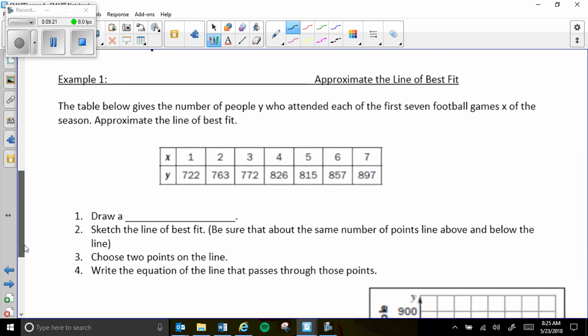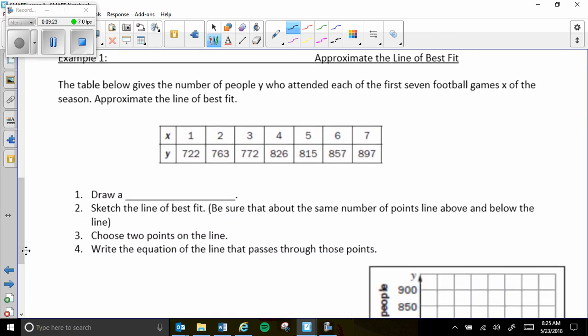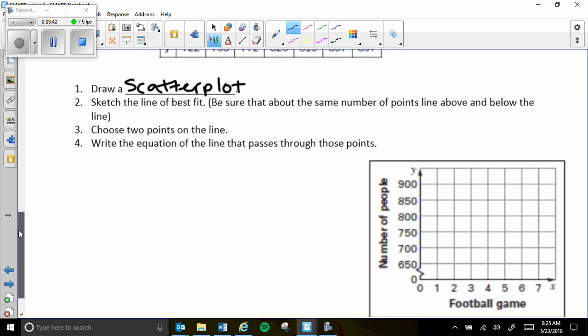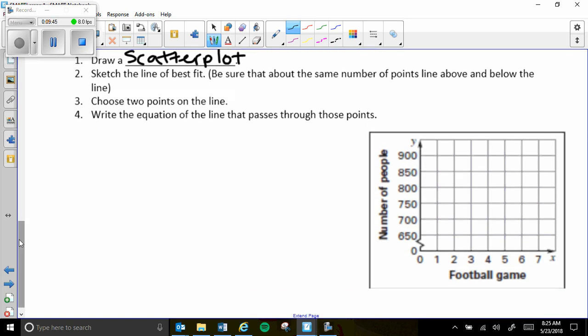So in example 1, it says the table below gives the number of people Y who attended each of the first 7 football games X of the season. Approximate the line of best fit. So again, our step 1 was to draw a scatter plot of the data. So I need to scroll down here. We need to put these on our graph. So at 1, my Y value is 722.